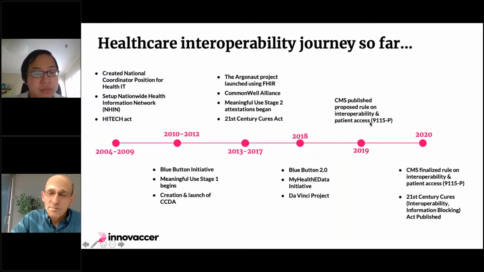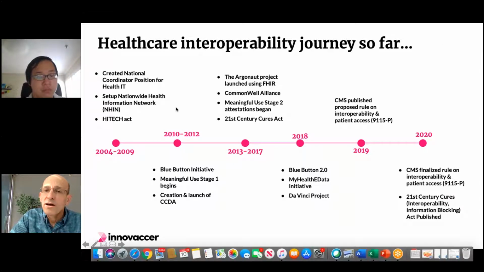Commonwealth was stood up, and I was at McKesson when we stood it up, and it was an idea to get EMRs to exchange information, and we saw the 21st Century Cures Act pass, which we recently saw the rule coming from that release. Blue Button wasn't quite enough, and we had better technology. We saw that drive, and people started realizing the importance of payers in interoperability, and the Da Vinci project came right out of the work done at Argonaut.